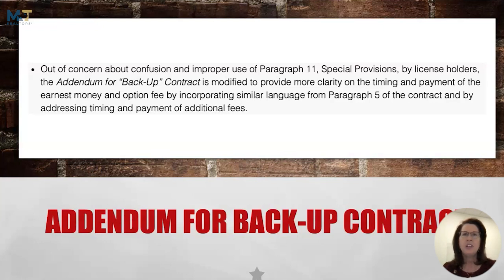So a lot of times this is the only reason agents would not want to use a backup addendum, because they were more confused about it than they ever thought and wanted to admit. So they just wouldn't utilize it, which is crazy.